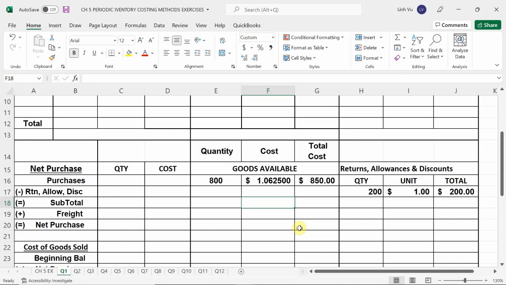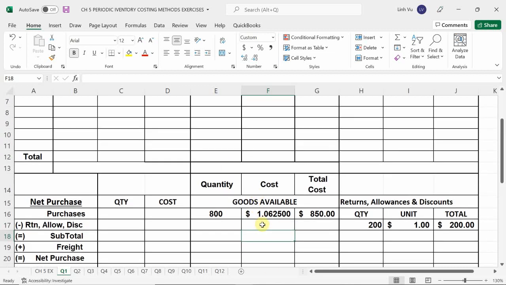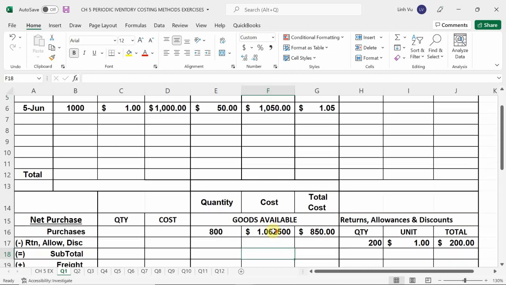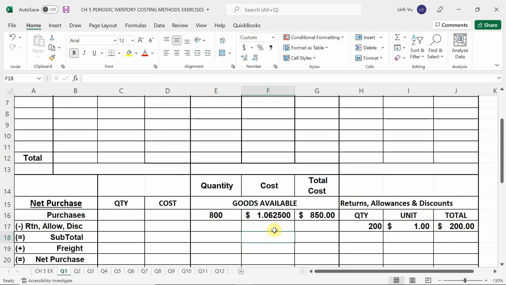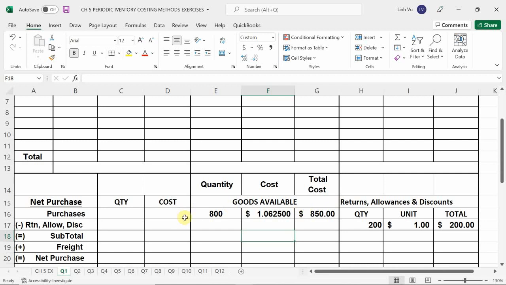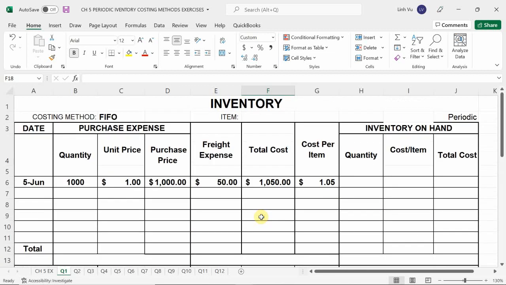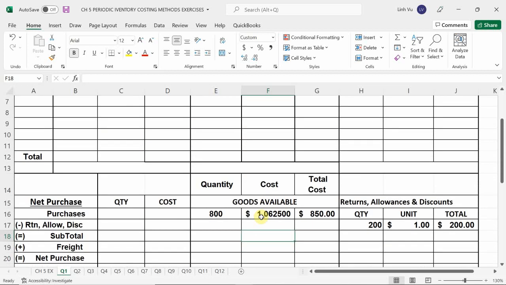That's definitely different than spreading $1,050 over 1,000. So in this case, it has changed my cost per item to be a little more expensive. It increased by a penny and a quarter of a penny. All right. And that is what we do for this first batch of inventory here. Because we had to make the adjustment, this is what we have to do.